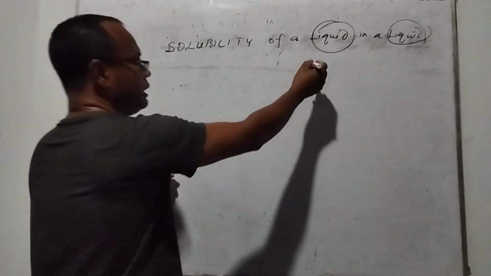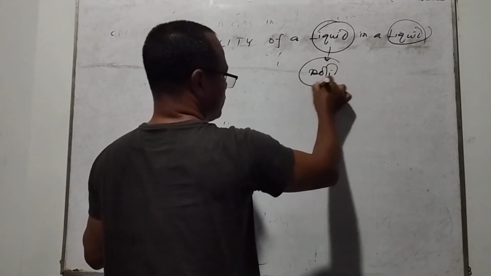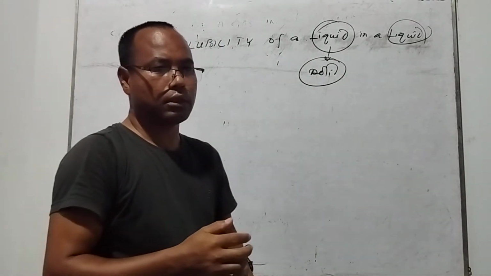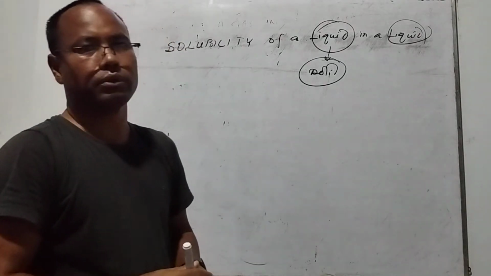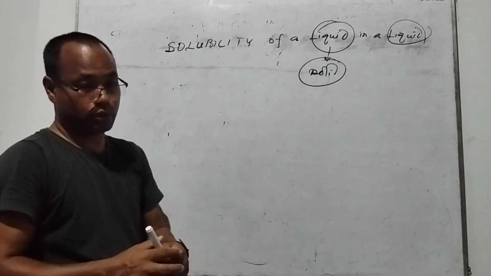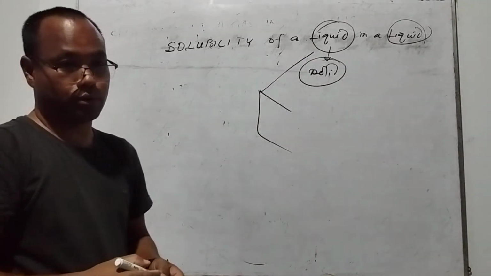Another component we can take is a solid also, right? So what should we remember about the physical properties of the liquid here? We have two different kinds of liquids around us.